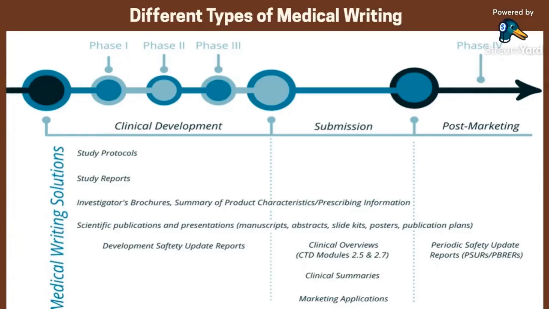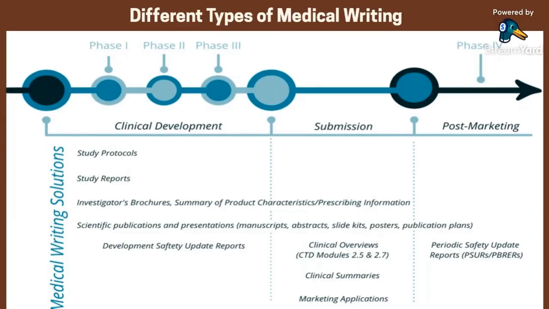We will be giving you live scenarios and live examples of how the process flows from one department to another department. As I told, PV has different departments. From the very start, we will show how we receive the cases and how the case flows from one department to another.